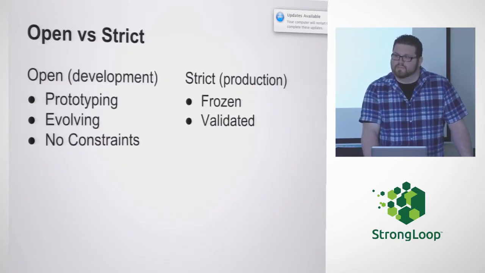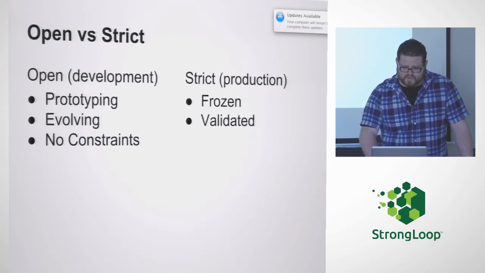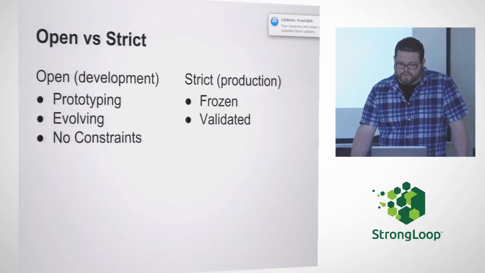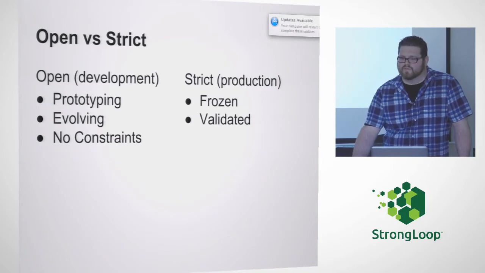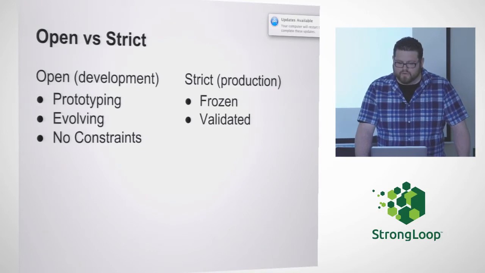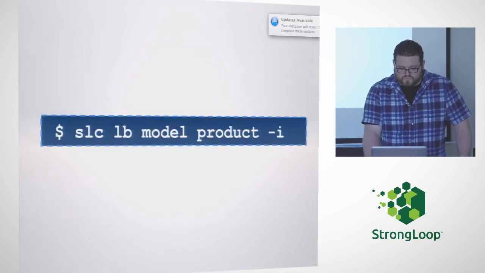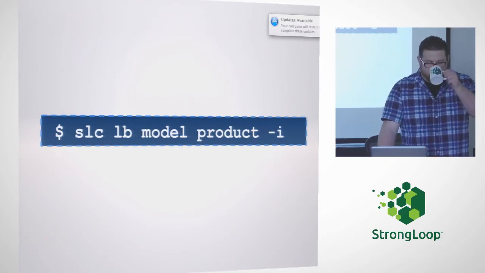So the idea is, if you have some data that you want to save from a mobile device that you're developing, you start with an open model, and then as you determine what the schema is, you move towards a strict model so that you can freeze it. We don't want to force any specific style of development. It's really up to you what type of model you use. So this is how you would create a strict model.